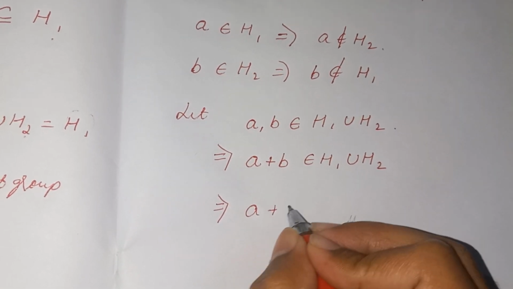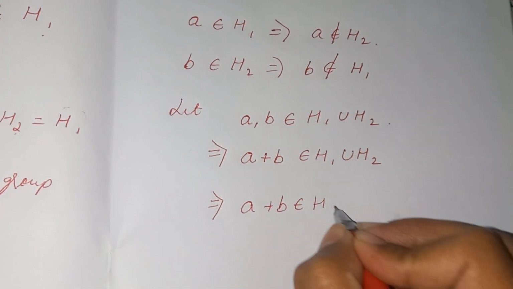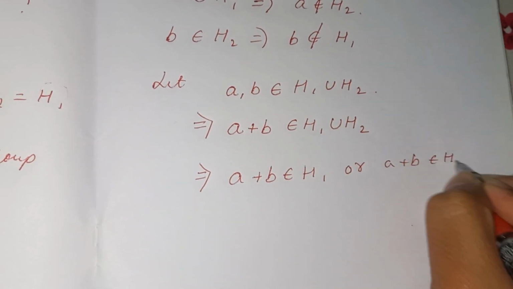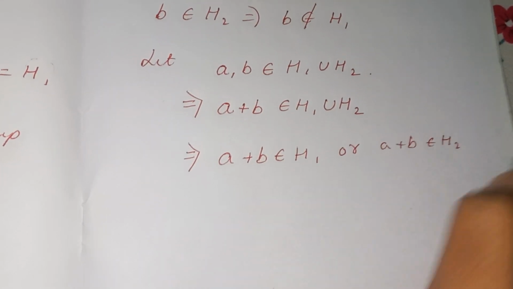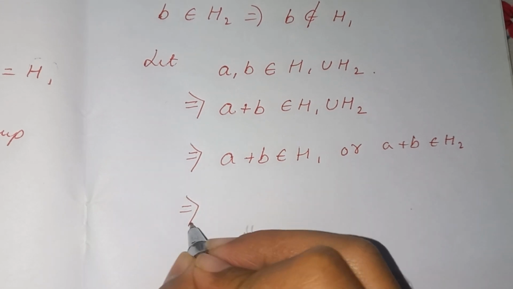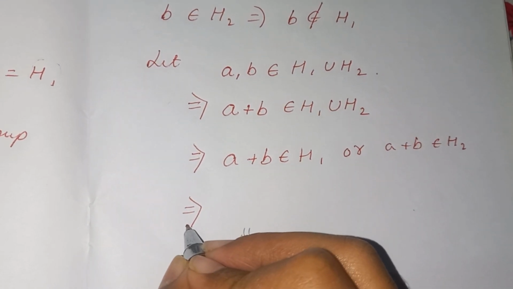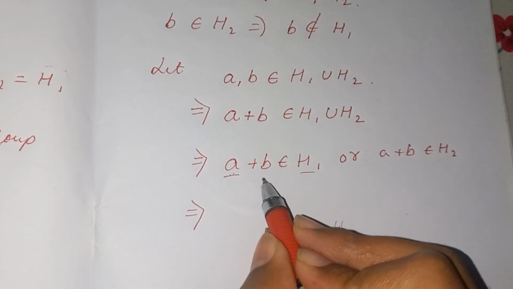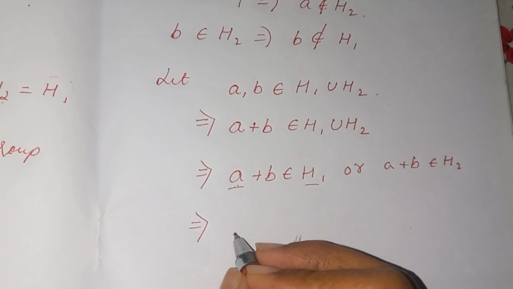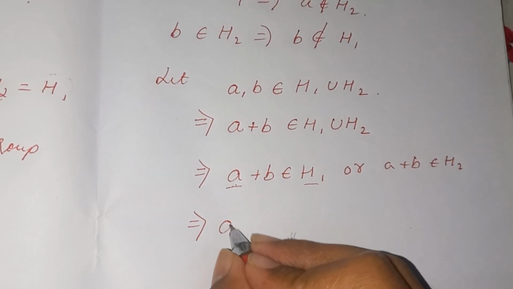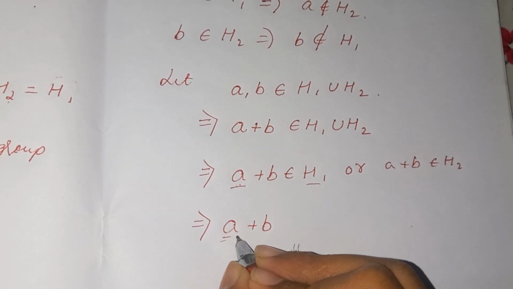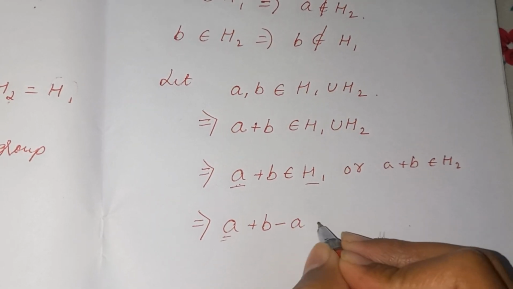So A plus B will belong to H1, or A plus B will belong to H2. Now since A belongs to H1, A inverse will also belong to H1, which means, in this case, the inverse of A will be minus A.